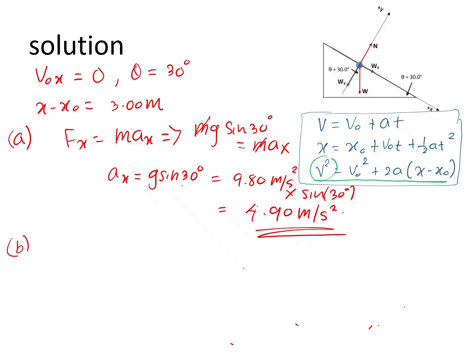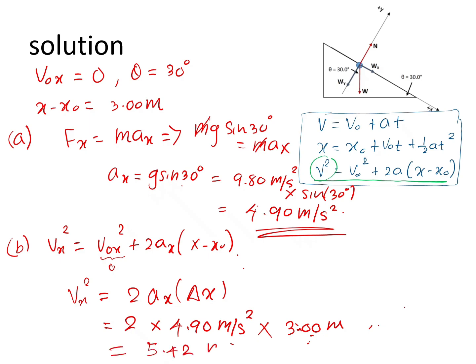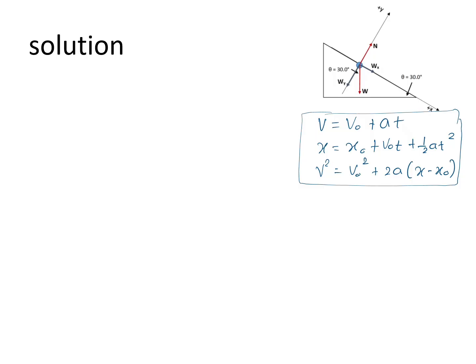So let's substitute the values. v naught x is 0, so we get v x squared is equal to 2 a x times delta x, where delta x is x minus x naught. This is equal to 2 times 4.9 meters per second squared multiplied by 3 meters, and that gives us v x equals 5.42 meters per second.